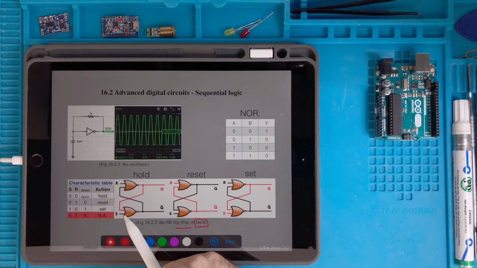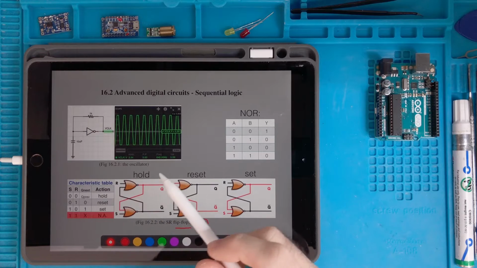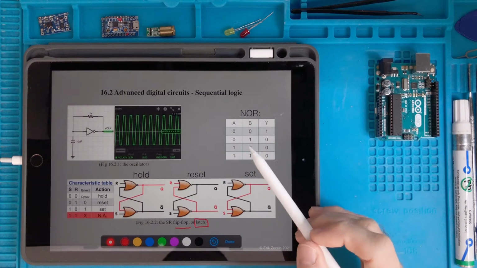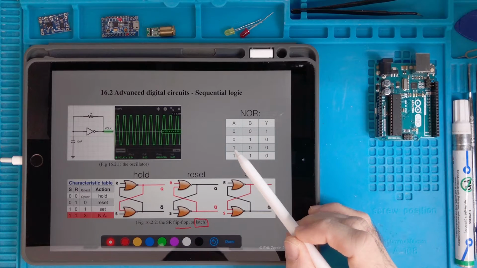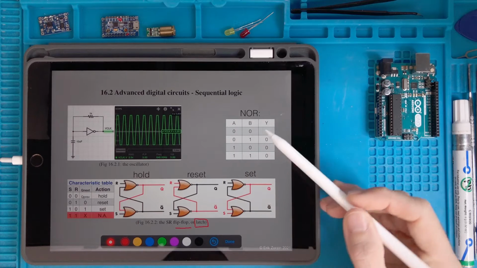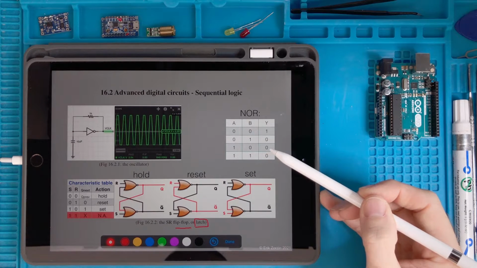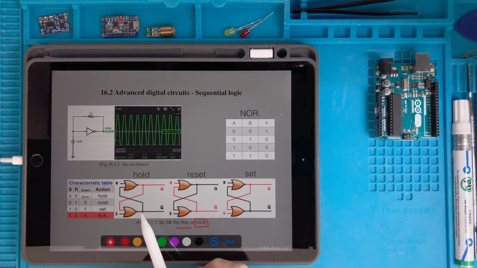So if we go to the truth table and say that this red line corresponds to the A input, if we have the A input equal to 1, no matter what B is, the output is 0. So here we have 0, no matter what the value of the other input is.